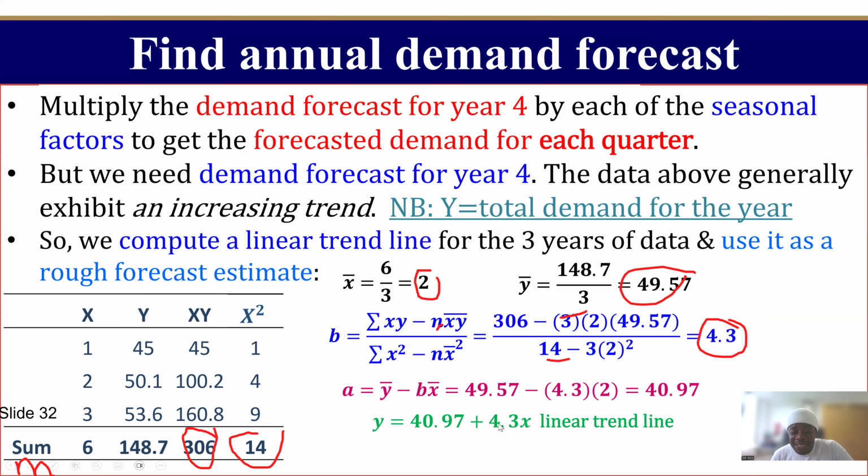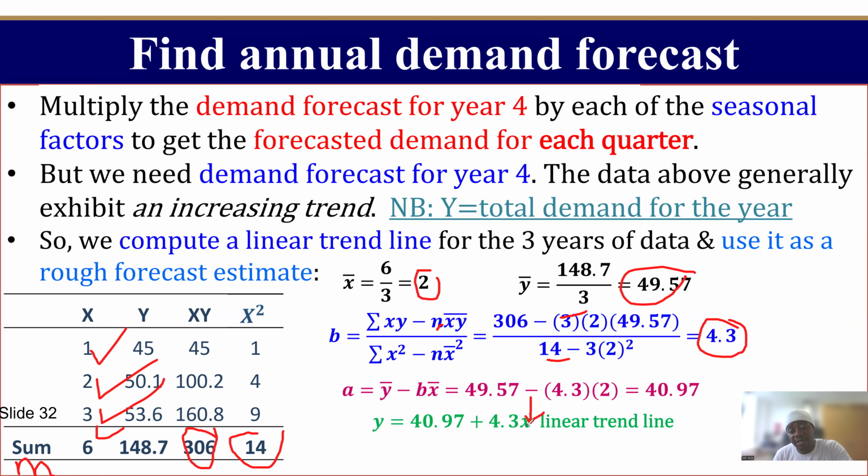So now, using this, we can predict for year 4, can't we? Because we have year 1, 2, 3. If I want year 4, or sorry, period 4, you just substitute it into this X, because remember, the X's are the period.